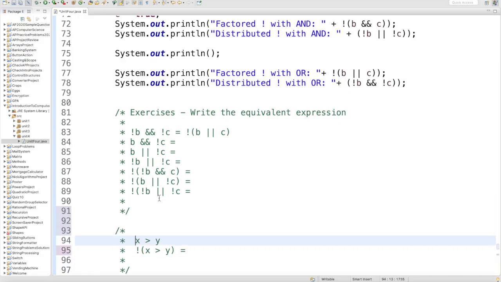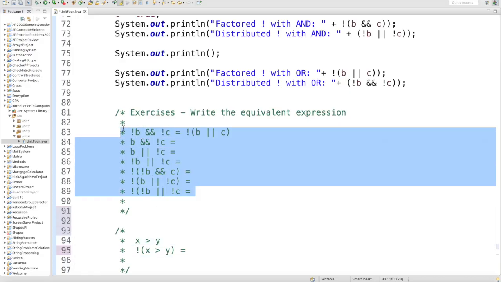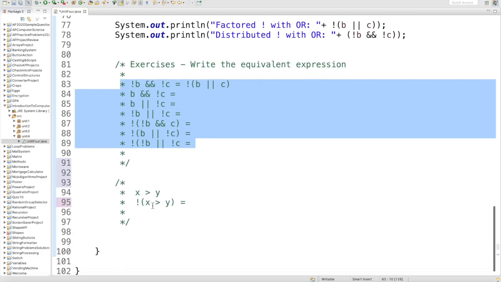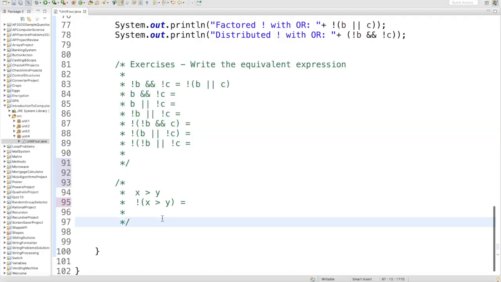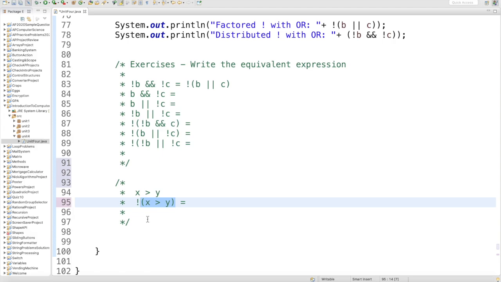This is not the same as these up here. You're going to go ahead and do these, finish them off, make sure you do. But this is not the same as this. You can't just distribute the not over that. Okay? This whole statement is B. So what we have here is not B.